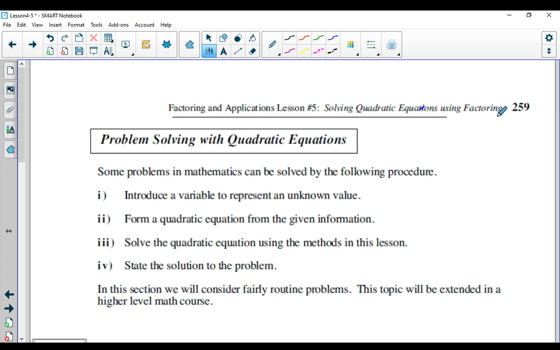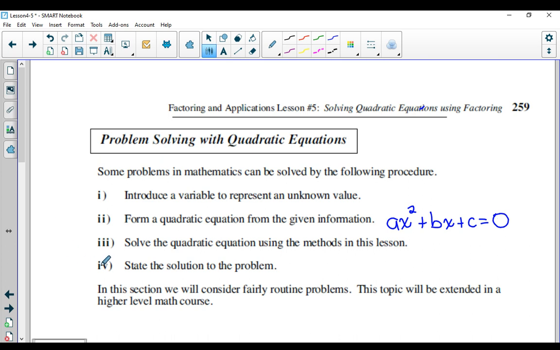So again, typically what we're looking for in this lesson is the quadratic equations we eventually want to get to are the ones in the trinomial form that are ax squared plus bx plus c is equal to 0. And then we can factor that trinomial, and the solution to the equation is just going to be by taking each factor and setting them equal to 0 using the zero product rule and just solving for x.